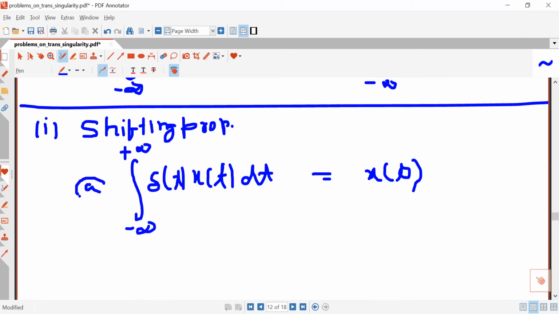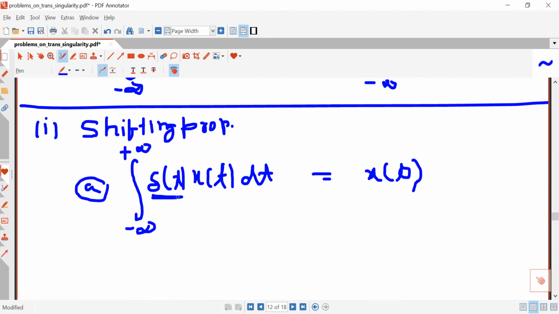And you can easily prove this relationship. As you know, delta t will be 0 for any value of t except at t equal to 0. So this product delta t into x(t) will be 0 for any such value of t. Integration is basically the summation of this product from minus infinity to plus infinity.